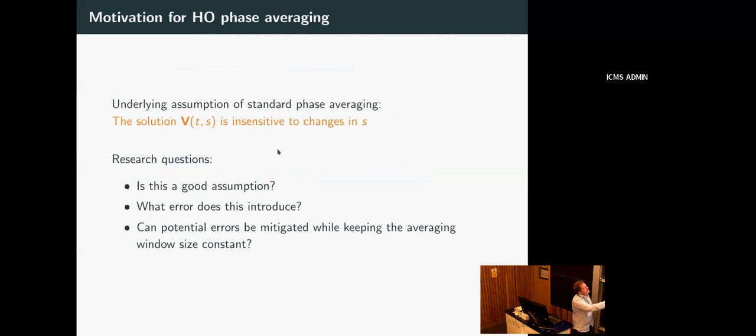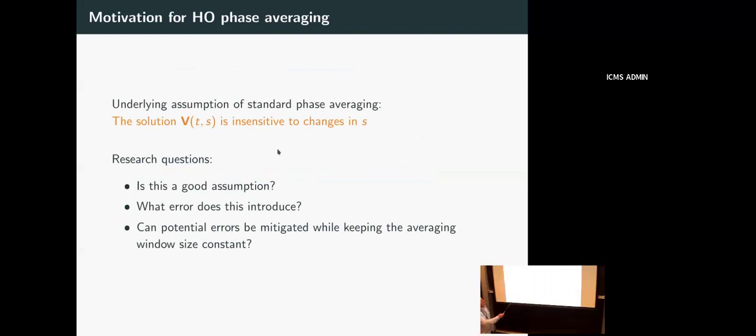So the solution is insensitive to changes in S. When we move our solution around, we integrate over it, it shouldn't change. But is this a good assumption? We see that we have errors when we do averaging, so maybe it's not the perfect assumption. Maybe we can improve it. And what error does this introduce when we assume this insensitivity? These are the research questions that we followed.